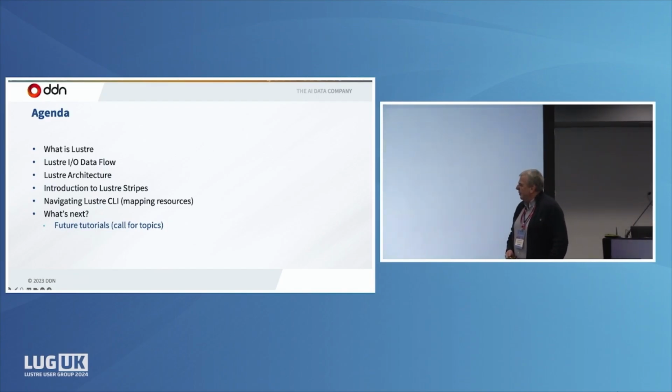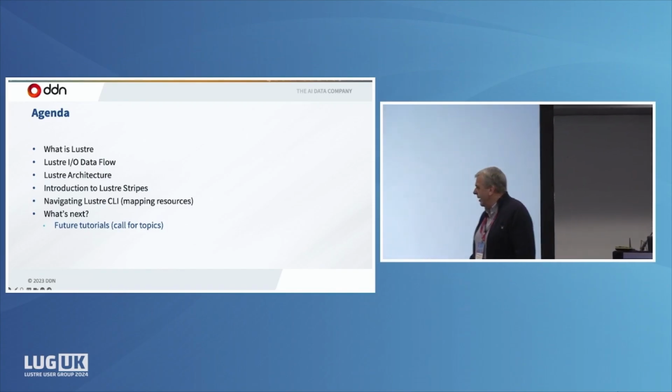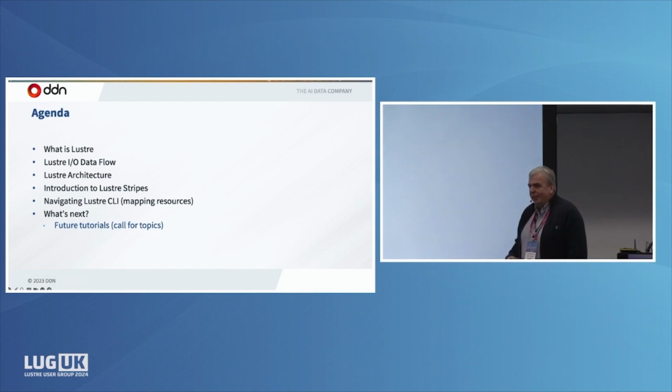And then introduce a topic called stripes, which is the reason why Lustre is one of the most commonly used file systems. And all the performance benefits come out of this feature called stripes. So we give an example of what it is and how you can change that to make effectively your application go faster.